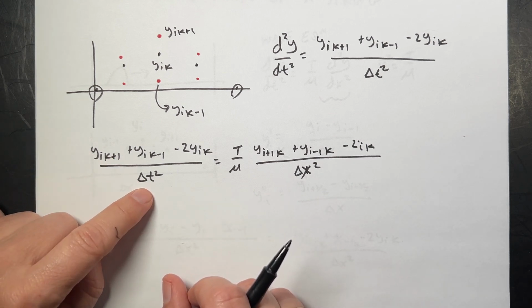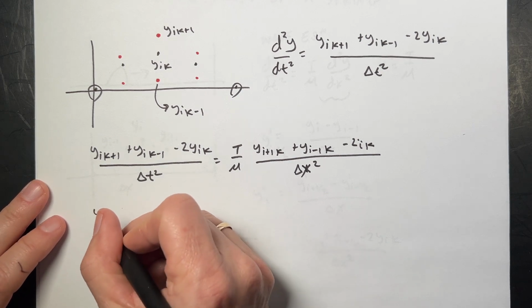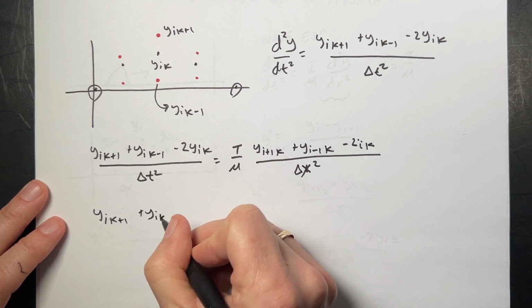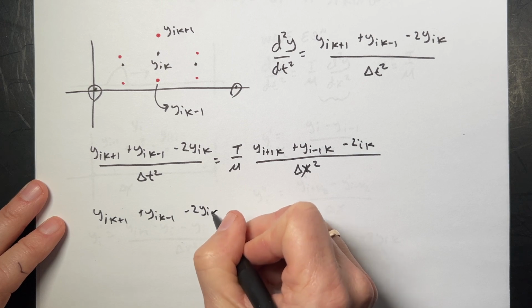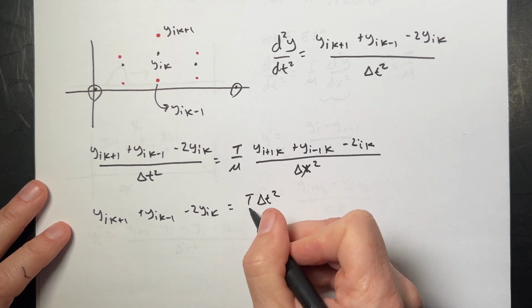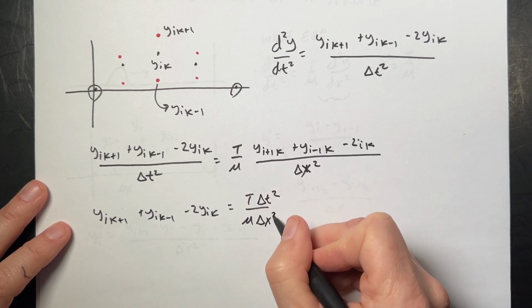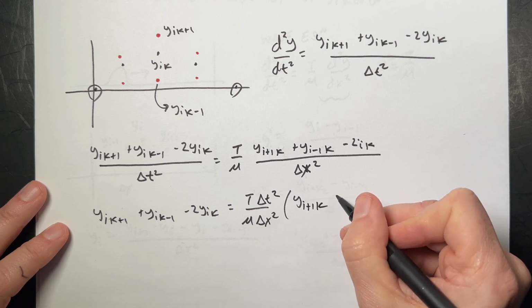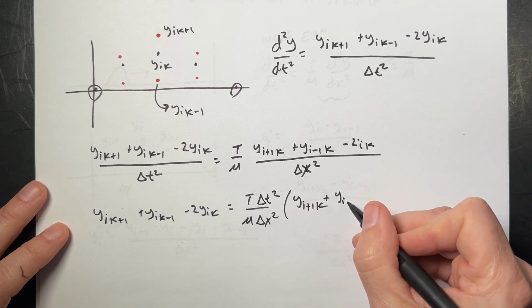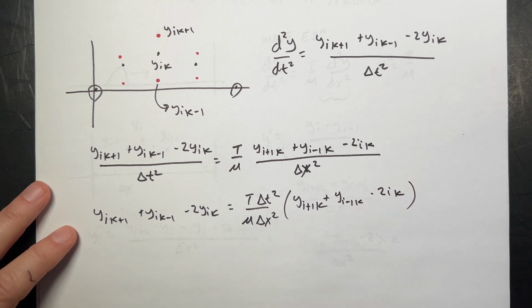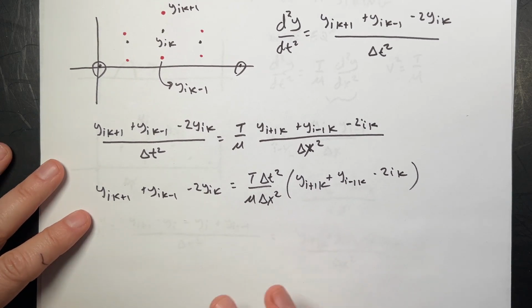So I'm going to multiply both sides by delta t squared, and then I get, let's just write it out, y_i^(k+1) plus y_i^(k-1) minus 2 y_i^k equals T delta t squared over mu delta x squared times y_(i+1)^k plus y_(i-1)^k minus 2 y_i^k. And then I can just add that to both sides, subtract that, and I get my solution.